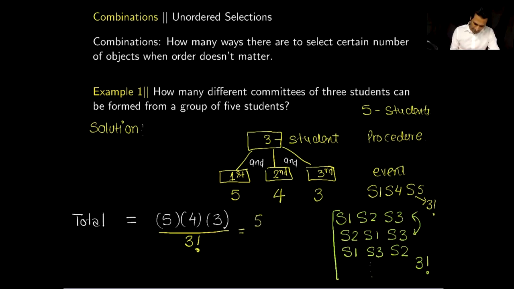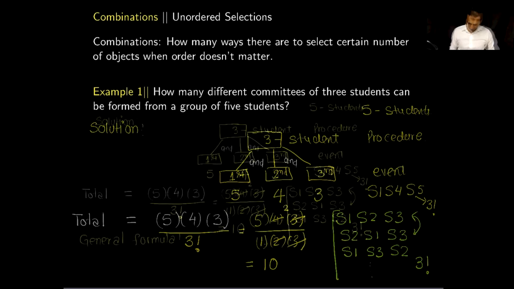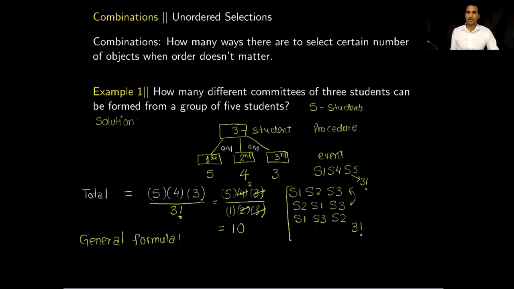This will be 5 times 4 times 3 divided by 1 times 2 times 3. The 3 cancels out, the 2 cancels out, so the total number of ways will be 10. So there are 10 different ways to select 3 students out of 5 students. Now let's find out the general formula of the combination.